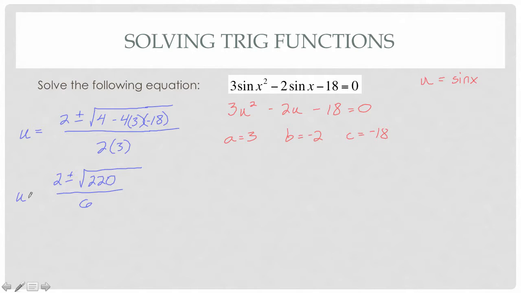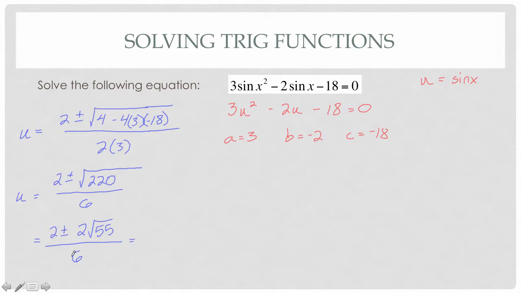Continuing to simplify things out here, I can change the square root of 220. 4 is a factor, so it turns into 4 times 55, but I can square root the 4 to get 2 times the square root of 55. So this radical simplifies into that over 6.